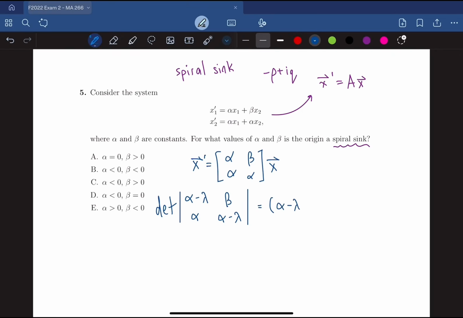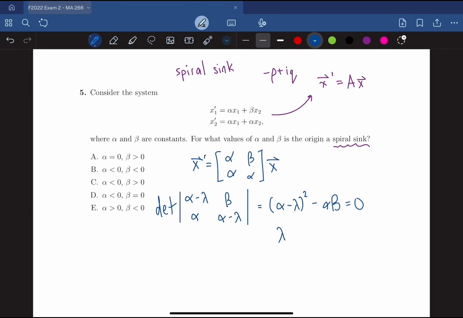I'll write it like this so it's easier to understand. We're multiplying this term times this term, and then minus this term times this term. So we have alpha minus lambda quantity squared minus alpha times beta. And we're going to set that determinant equal to 0. And from here, we're just going to solve for lambda, which is our eigenvalue.